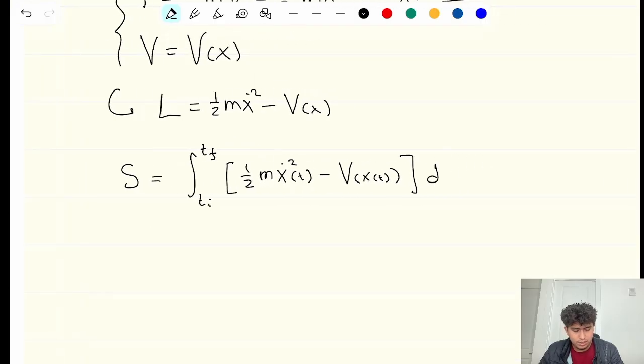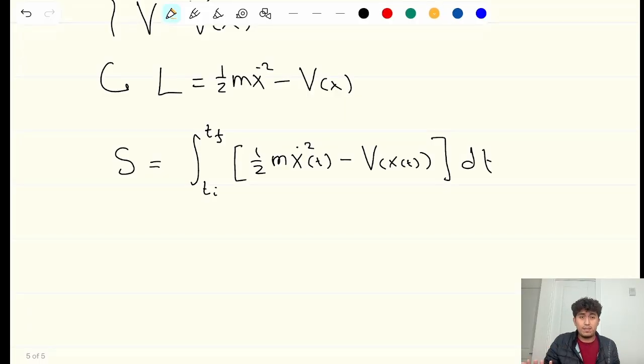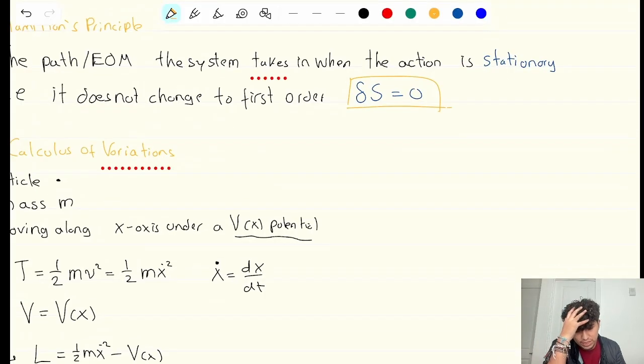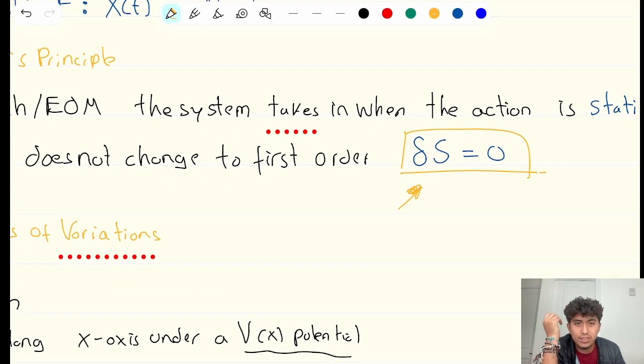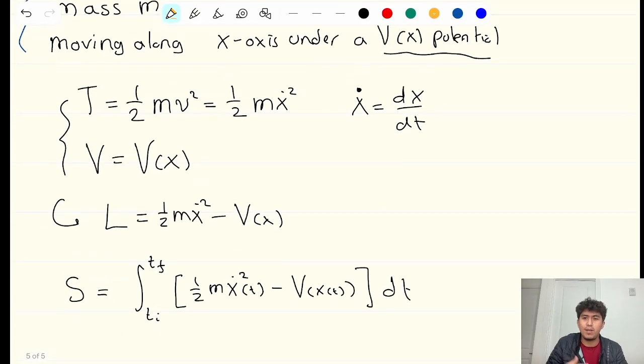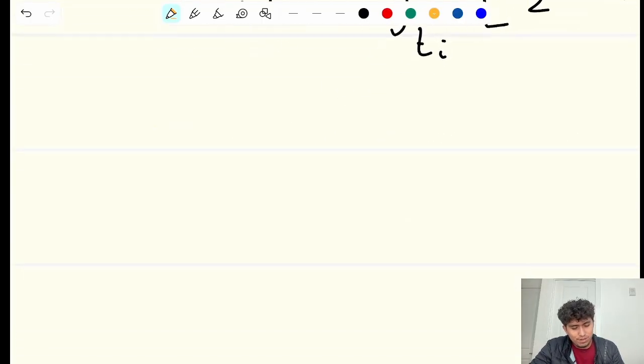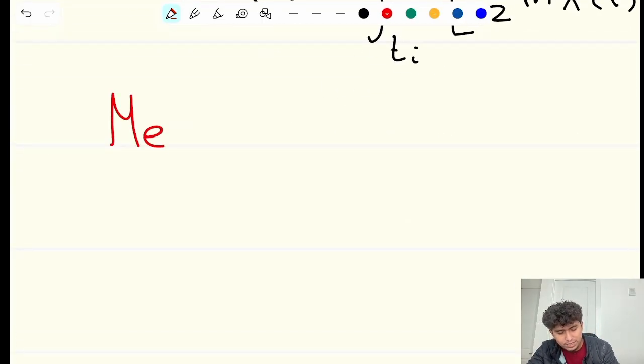So for any particle, this is going to be the action. And now we need to know how to find a path. How do we find the path that the particle is going to take? We said that whenever this is true, that's the path the particle takes. But how do we do that? How do we use math? What do we do? Cool. Okay. So here we're going to use method 1, which is just using pure calculus of variations.